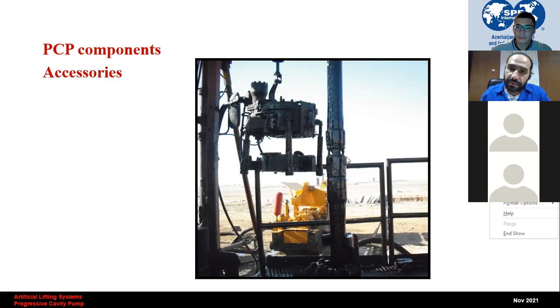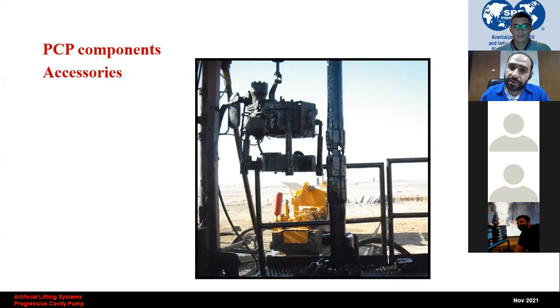This cap originally was set here, covering both holes, and by applying certain pressure, some shear pins installed here are sheared, and thus the cap slides on the sleeve and now the holes are exposed, so the fluid inside the tubing can now be easily drained inside the casing, and then you can pull the tubing out safely. To make it clear for you, let me show you this. I hope this can be clear for you.